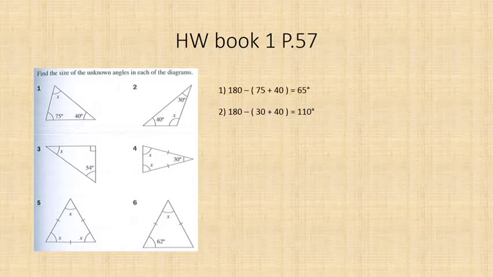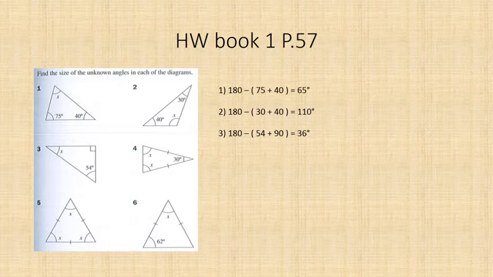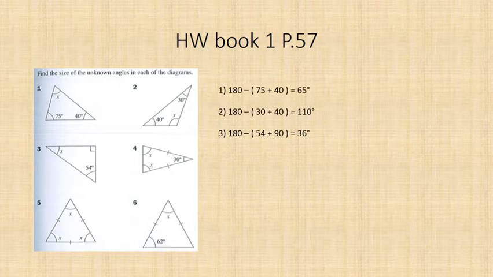And here, I have 54 and 90 degrees. You add them and then subtract them from 180 to get x. So it's going to be equal to 36 degrees. Here, it's an isosceles triangle. So I know that I have two equal angles, x and x. The angles looking at the equal sides are equal.